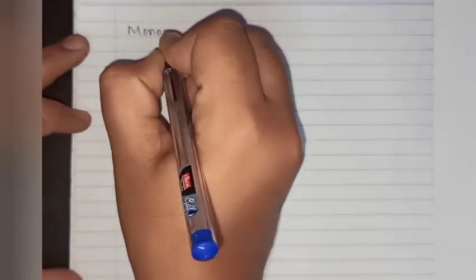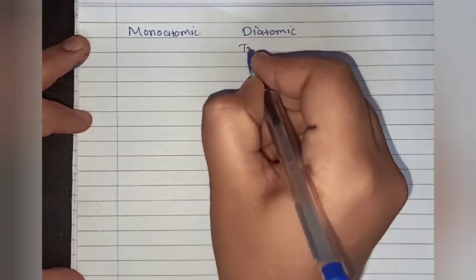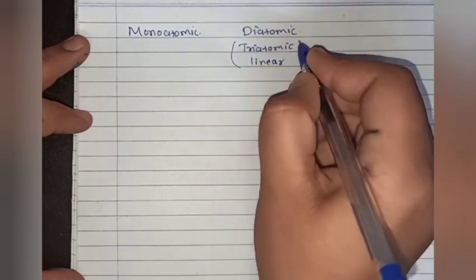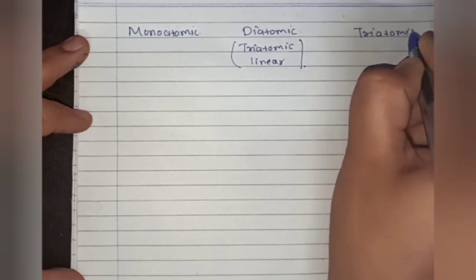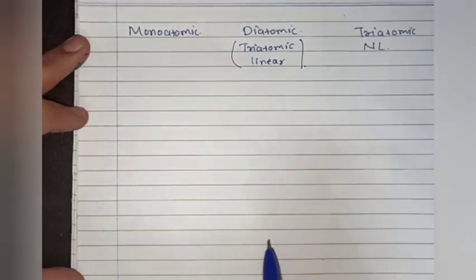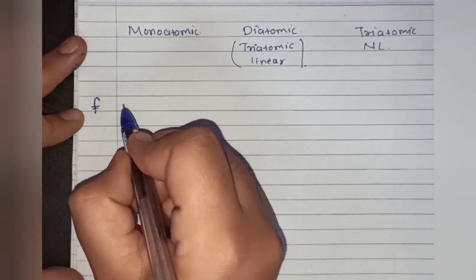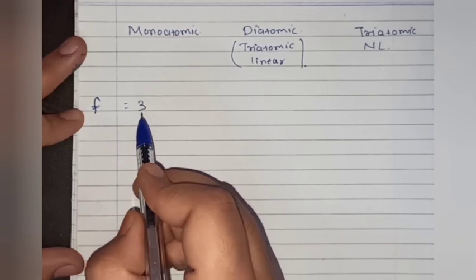Now if we write the conclusion or summary for monoatomic, diatomic and triatomic linear, both are the same case, and triatomic non-linear. The degree of freedom of monoatomic will be 3 translational, 0 rotational, 0 vibrational, so total 3.